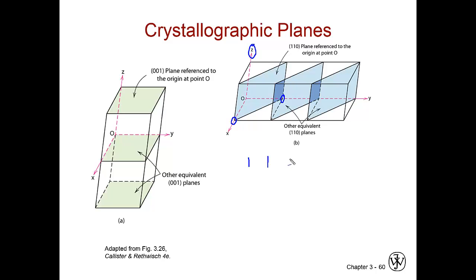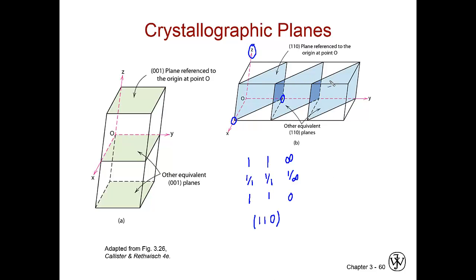And it is parallel to the z, so we write that as infinity. We take the inverses, and we simplify, and then we put them in parentheses, and we end up with a 1, 1, 0 plane.